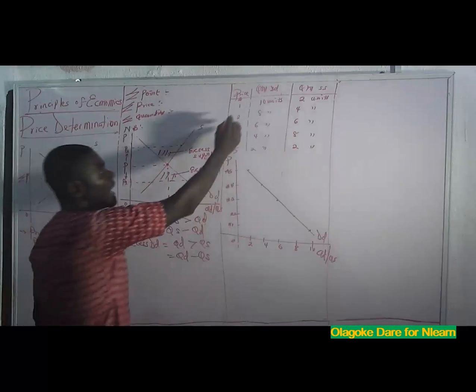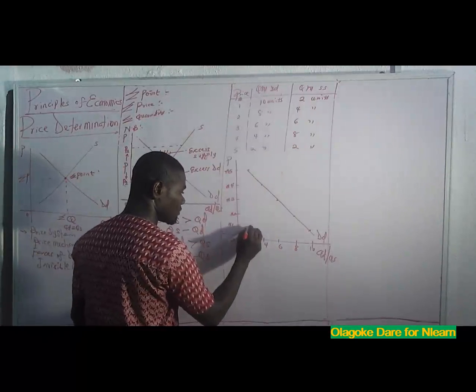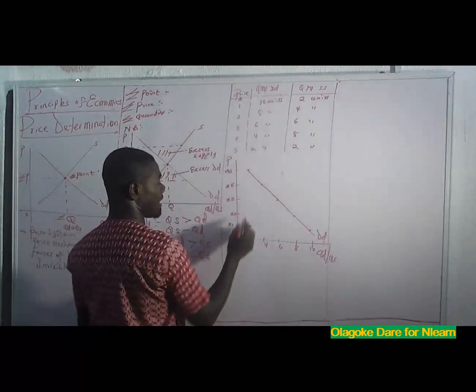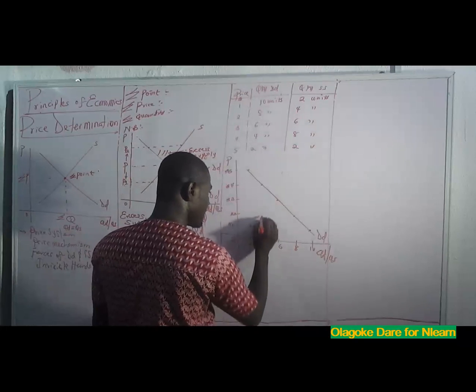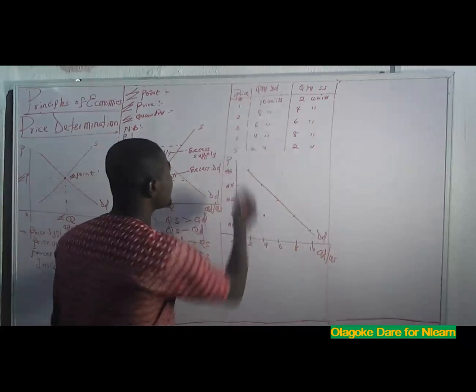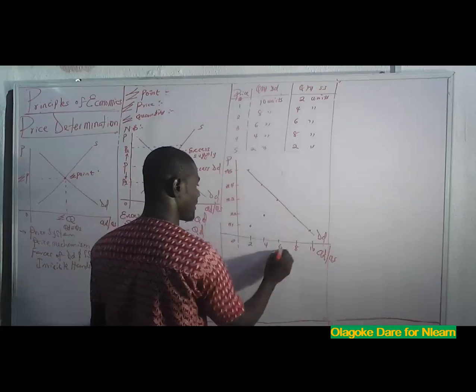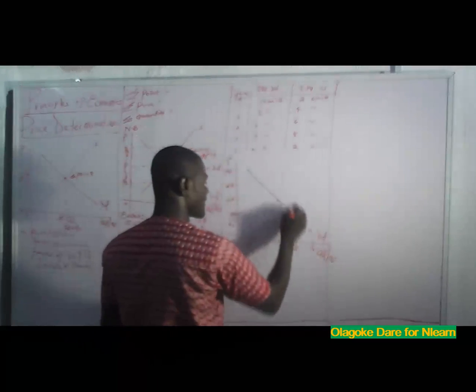My supply now, at 1 naira, I'm supplying 2 units. At 2 naira, I'm supplying 4 units. Then at 3 naira, I'm supplying 6 units. At 4 naira, I'm supplying 8 units.